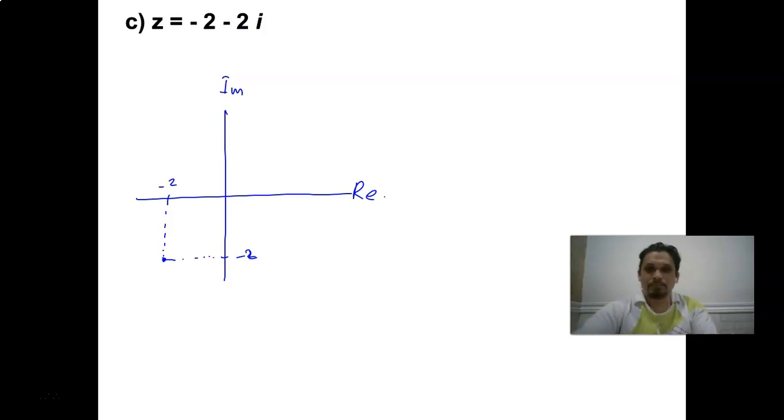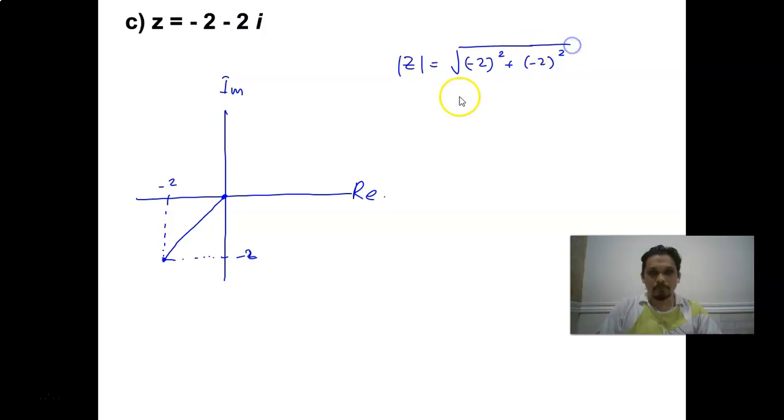Okay, from this point to this point here. Okay, so then the modulus equal to the square root of negative 2 squared plus negative 2 squared.